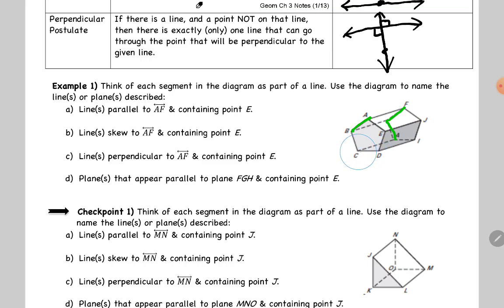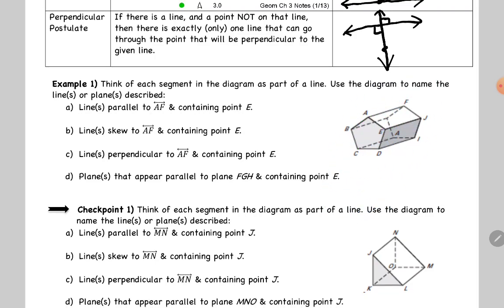Actually, it should be ABC. Let's try a different one. That one was a little bit hard.